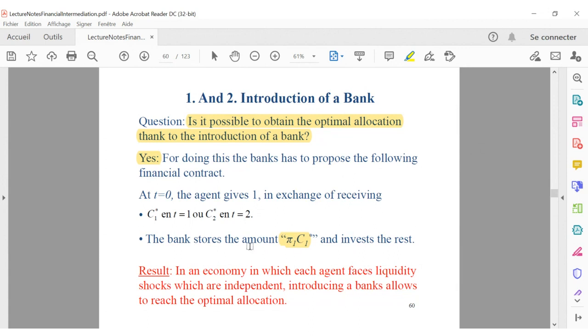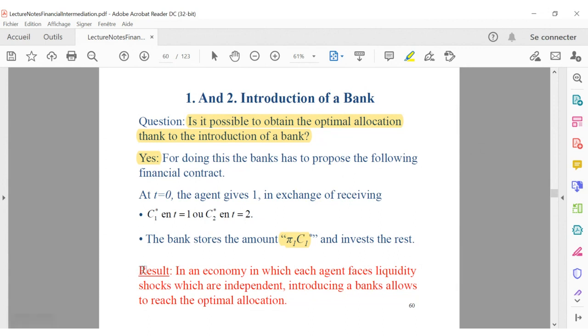And actually, you see that now, if you consider a mass of individuals, pi 1 is no longer the probability of facing the liquidity shock. This is now the proportion of people which is going to suffer from the liquidity shock.